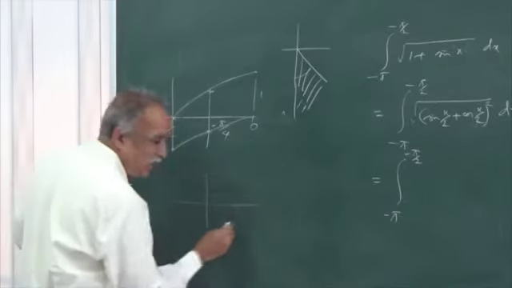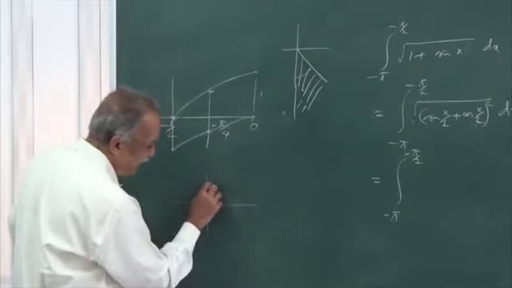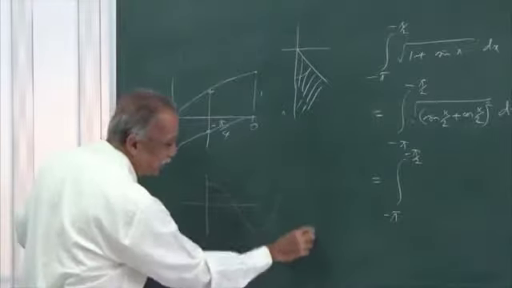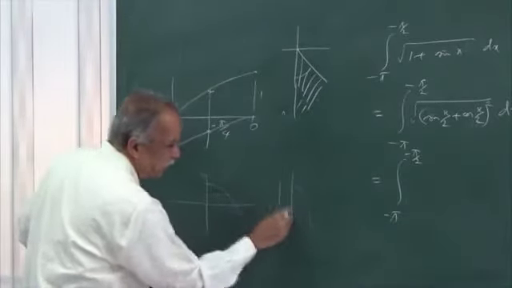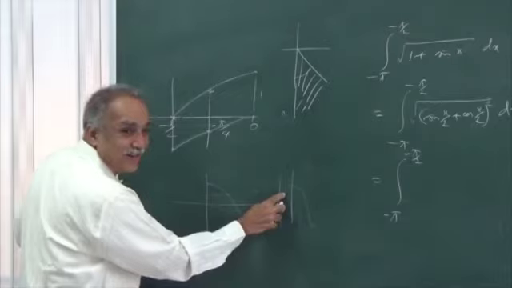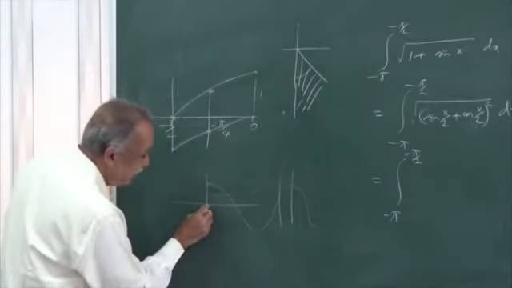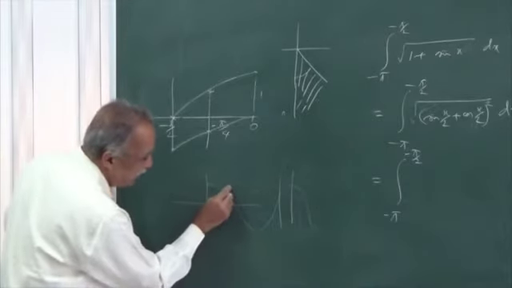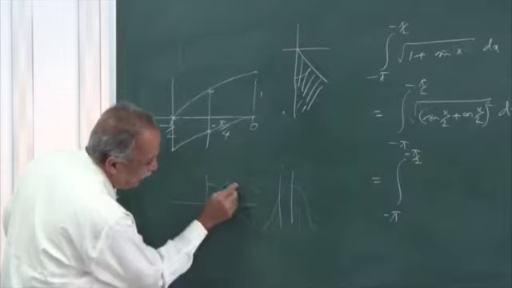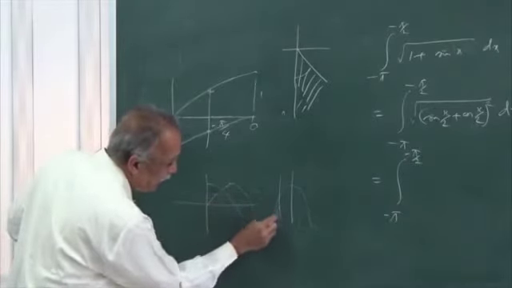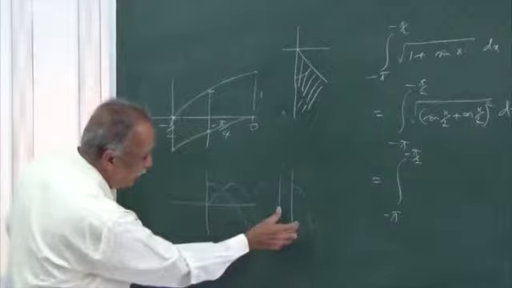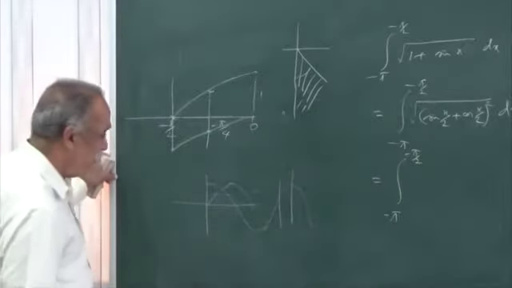If you draw the complete graph, this is the graph of cos. You are considering this portion. This is the graph of sin. Sorry, somewhere I have gone wrong.